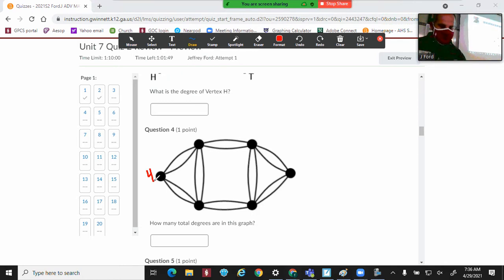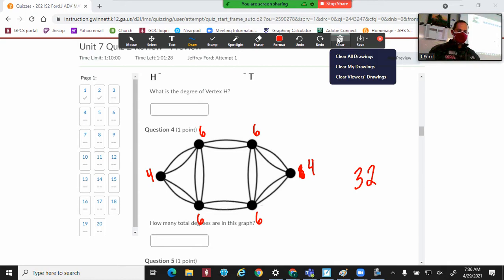This has degree of 6. This has degree of 6. This has degree of 6. Sorry, 4. This has degree of 6. This has degree of 6. So just add them all up. 4 plus 6 plus 4 plus that. I think it ends up being 32. There's your answer. Remember, total degrees, relatively simple.